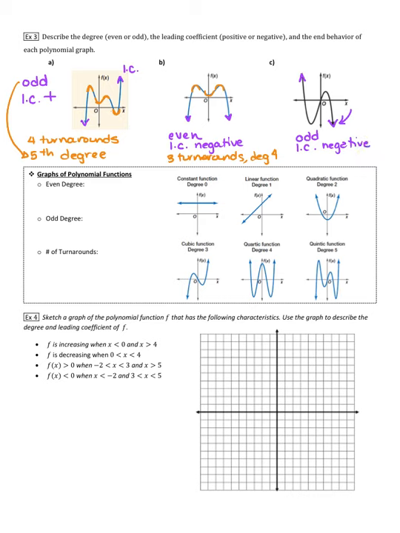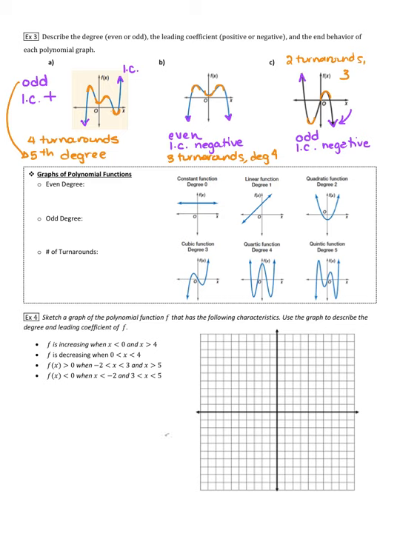Now let's look at these turnarounds. So I have 1, I have 2 turnarounds, and this is a cubic function. So hopefully from that you see a pattern that your degree is always going to be 1 higher than the number of turnarounds, which is a nice way to figure out what your degree is.